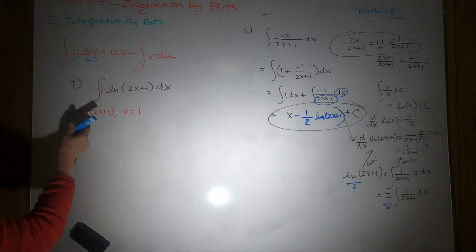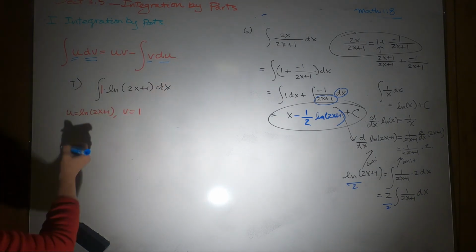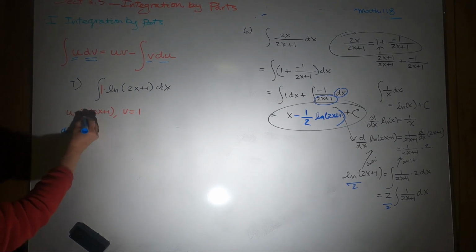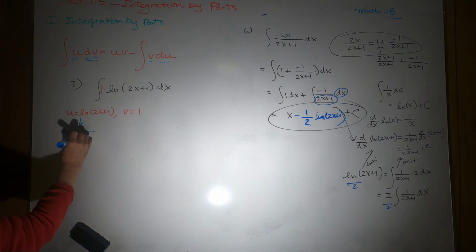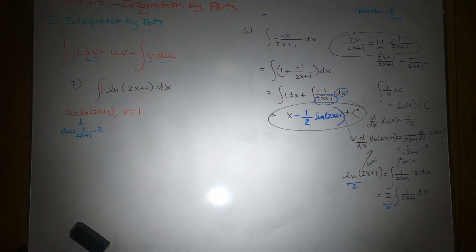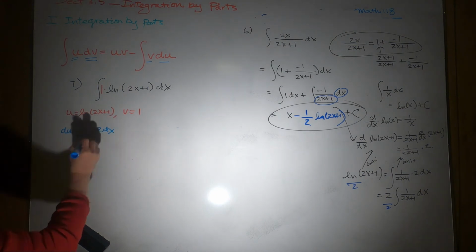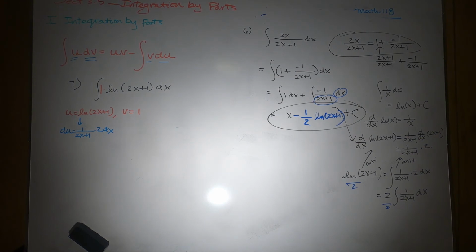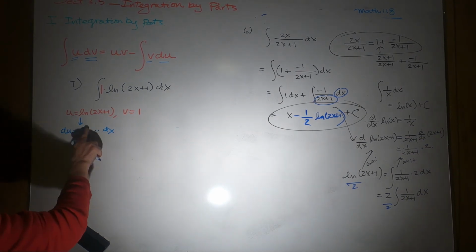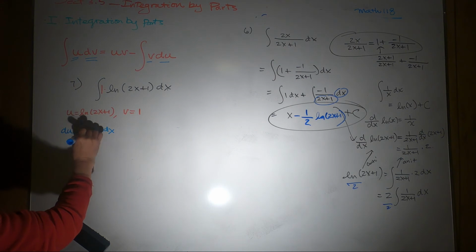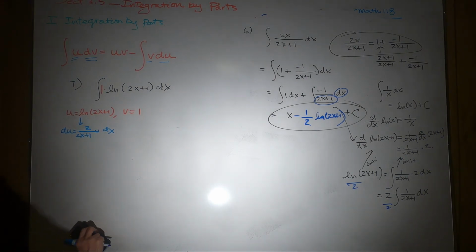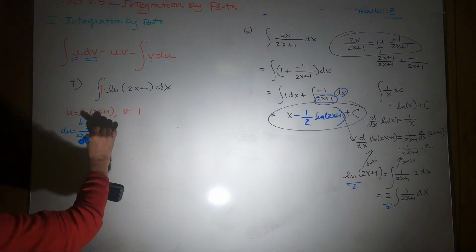Okay? Then with that, we said you need to use uv and the v du. So we need to find the v and du. So from here, your du will be what? Take the derivative of the natural log plus the chain rule times 2 and dx. Right? So we just move the 2 to the top this way. That's your du.